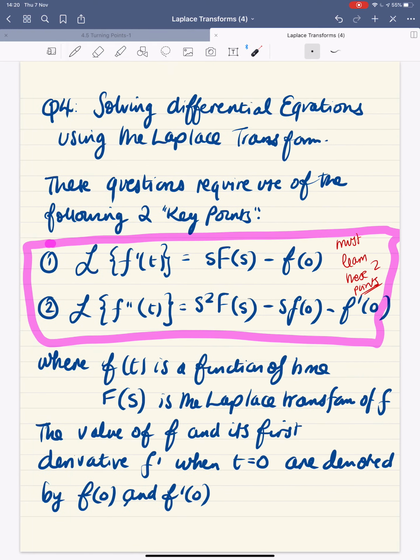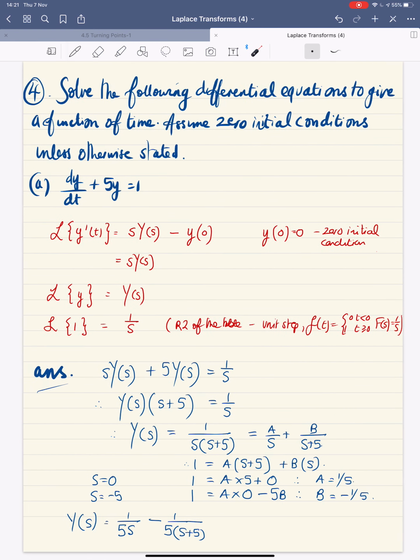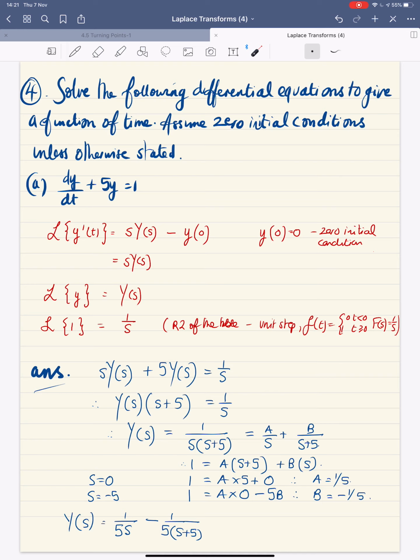And then we've also got minus 1 over 5 times s plus 5, which is one of these with k is minus 1/5 and a is 5. So it's row 2 for the first one, and we use row 4 for that one. Sorry about that, I just wanted to check something.